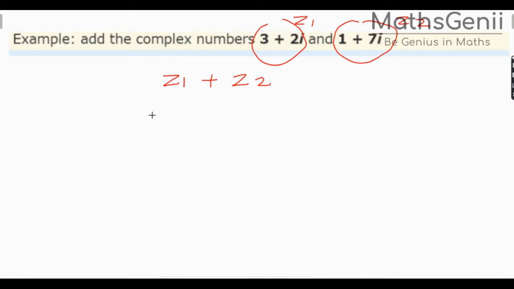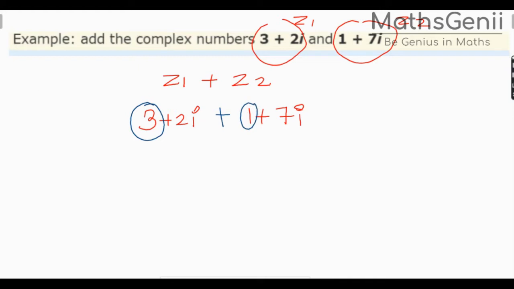What is my z1? 3 plus 2i. What is my z2? 1 plus 7i. What is asked in the question? To add. Now what did I tell you? Add real number with real number. This is real and this is real.